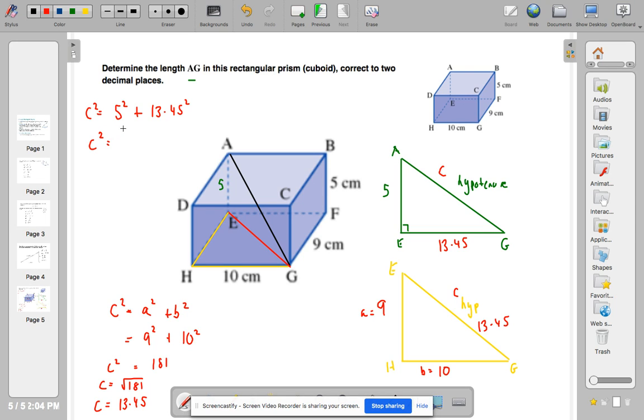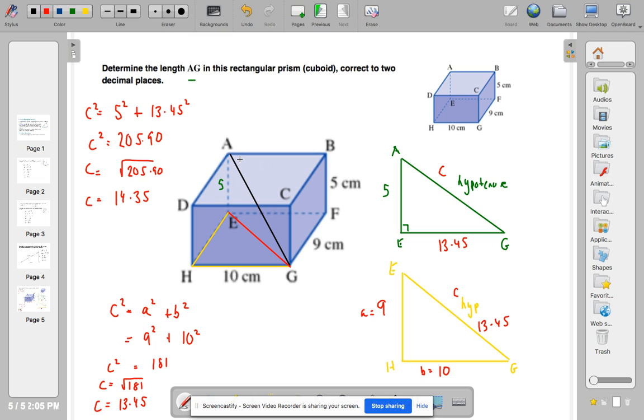So C squared is 205.90. C is the square root of 205.90. That's 14.35. So that's the length of AG.